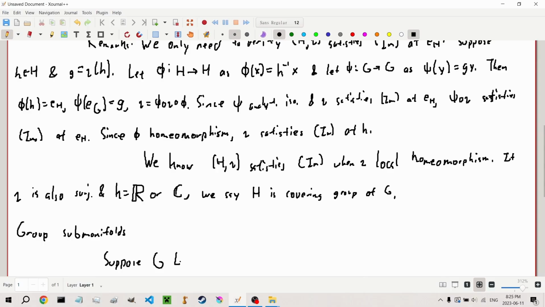Suppose G is a Lie group with a subset H which is simultaneously a subgroup and a submanifold. Then H is a Lie group in and of itself.